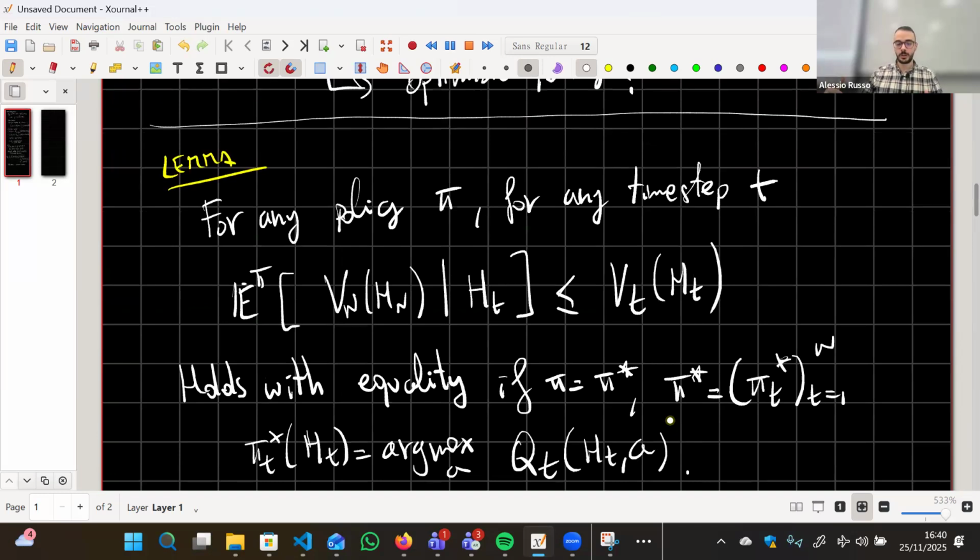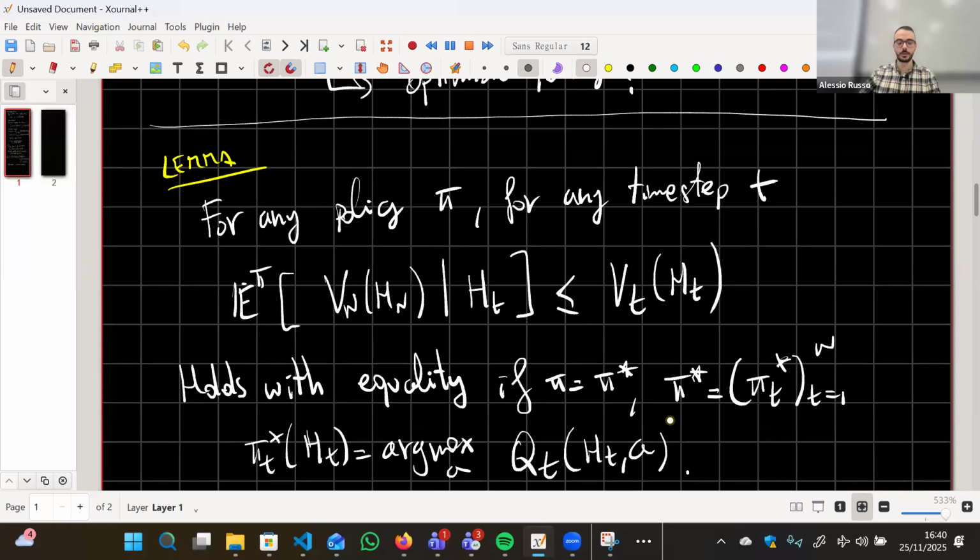So it means that we start by selecting t equal to n, which holds trivially for the last time step. Then we assume that it holds for t plus 1.